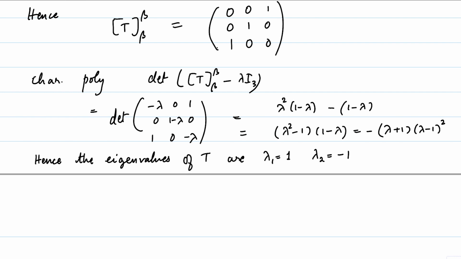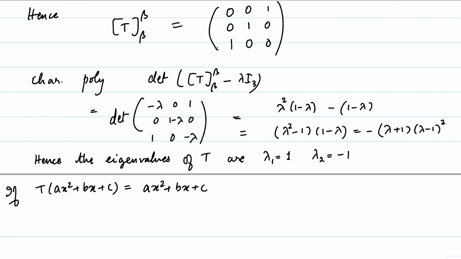Let's focus on lambda 1 equal to 1 and get hold of the eigenvectors corresponding to lambda 1 equal to 1. It will be the set of all ax square plus bx plus c such that T of ax square plus bx plus c is equal to ax square plus bx plus c.